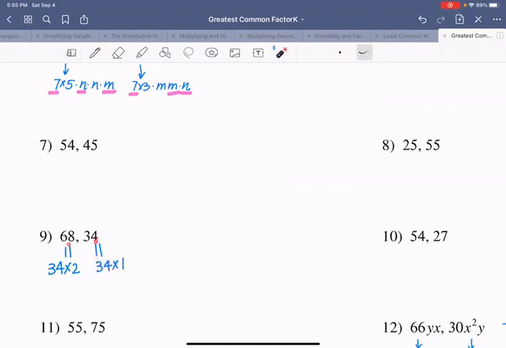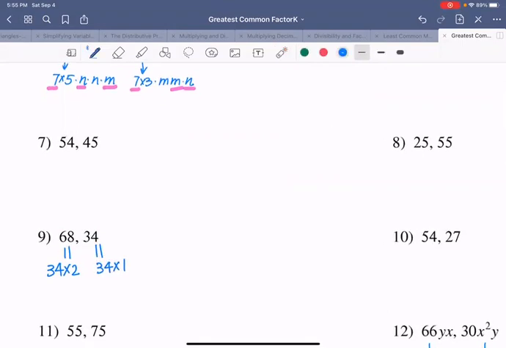for these two. And you say, why don't you choose 2? Because 34 is 17 times 2. Okay, yes, 2 is a common factor. But 2 is not the largest one. You are looking for the largest common factor.